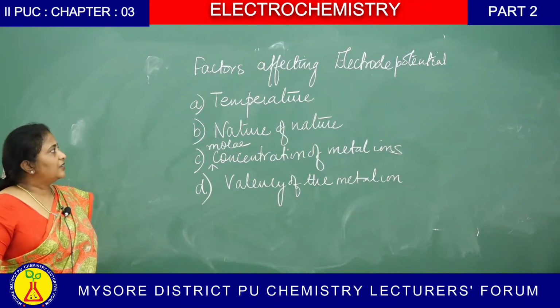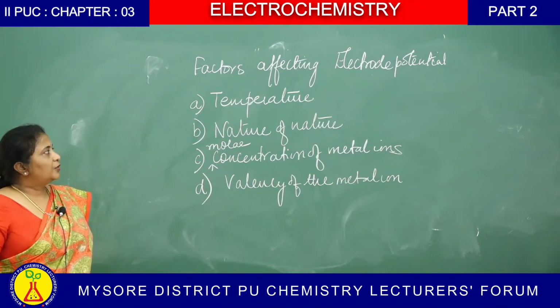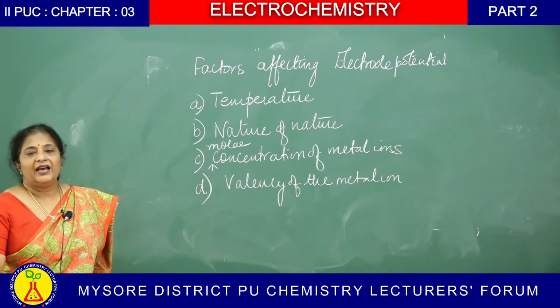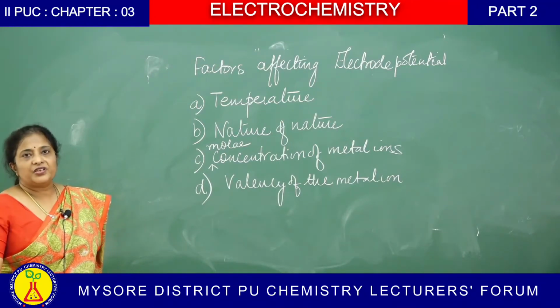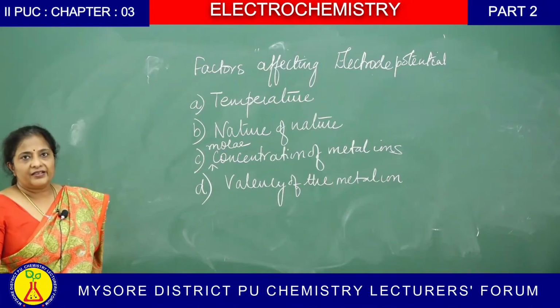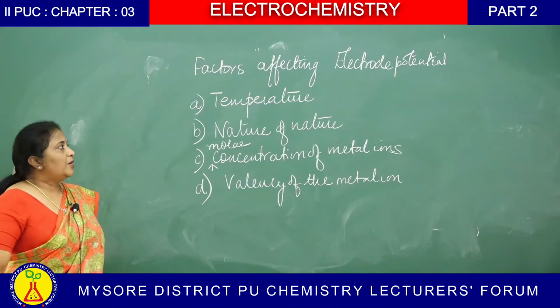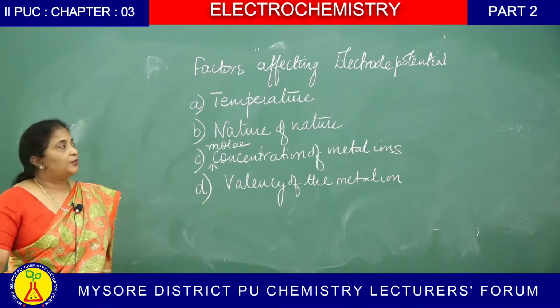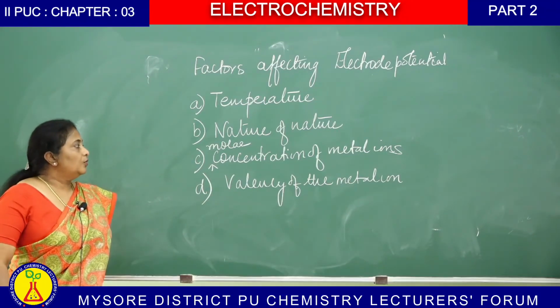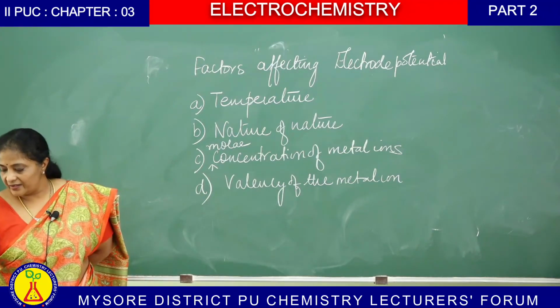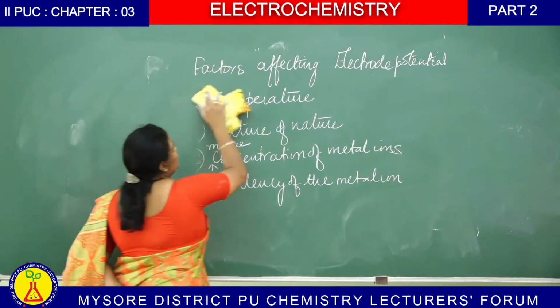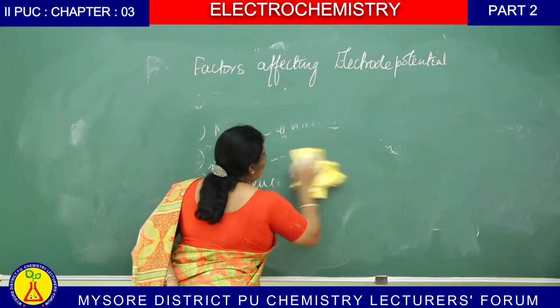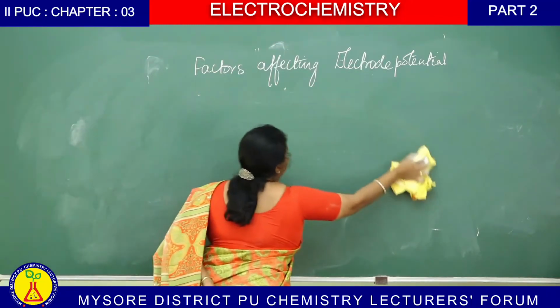So, these are the factors which affect the electrode potential, and an equation is there which relates the EMF of the electrode potential to all these factors, and that equation is called the Nernst equation.